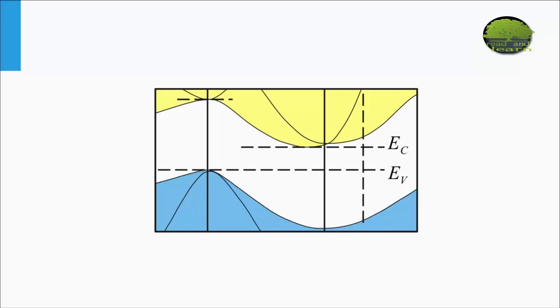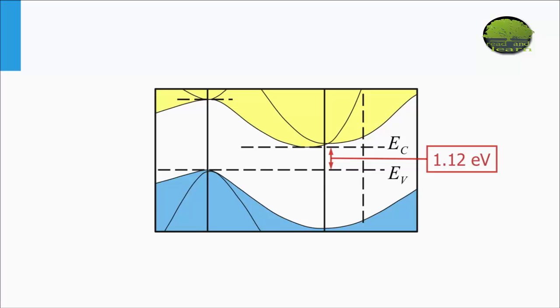Now we zoom into the band gap area. The band gap energy is the difference between those two levels and equals 1.12 electron volt, or 1107 nanometers, expressed in wavelengths. This transition is an indirect transition.